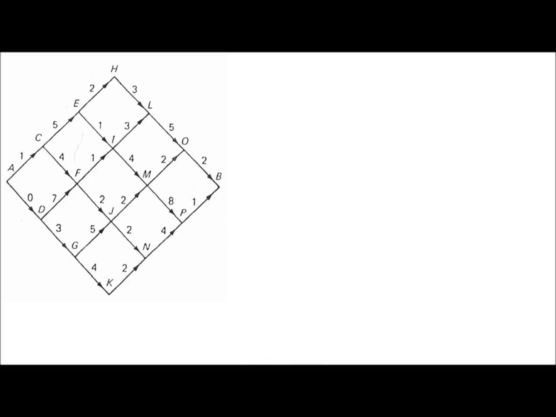V of x comma t is the cost to get from x comma t, where x is the state and t is the stage, to the end along the optimal path. And that's the numbers I was writing on the figure.